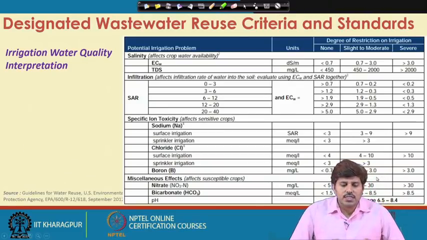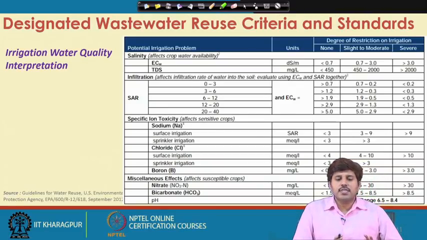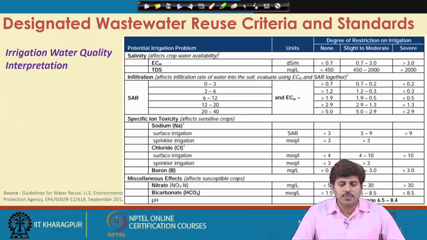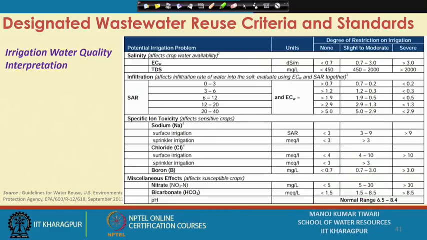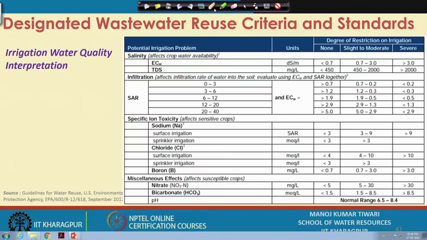Now, let us see the designated wastewater reuse criteria and standards. For irrigation water quality interpretation, it is based on the quality of the treated water. Wherever the quality falls, we can say how it can be used.